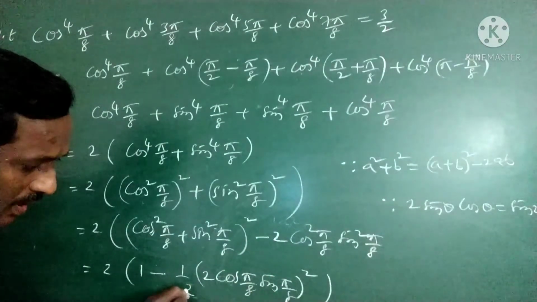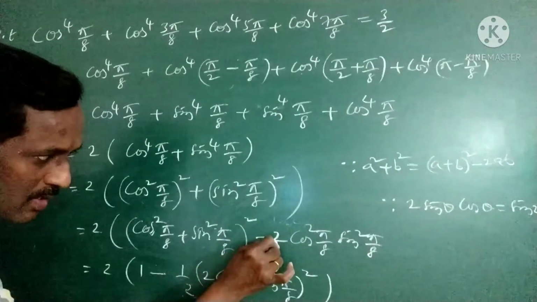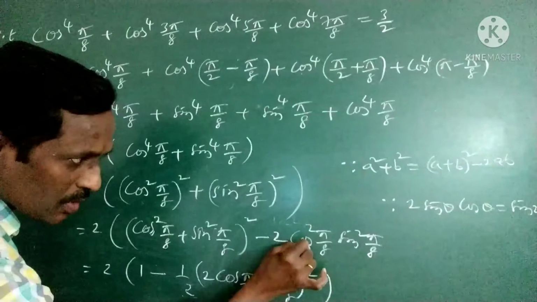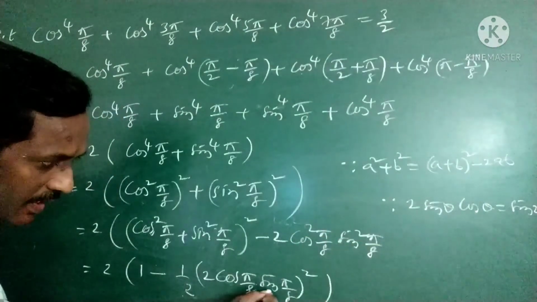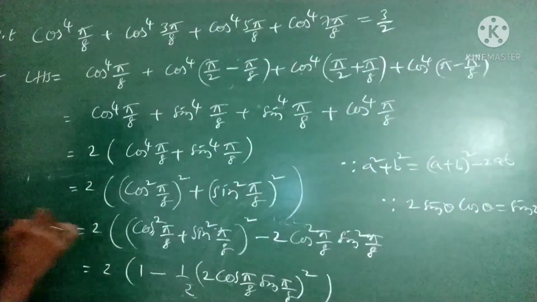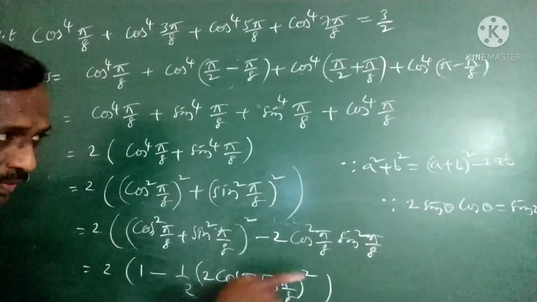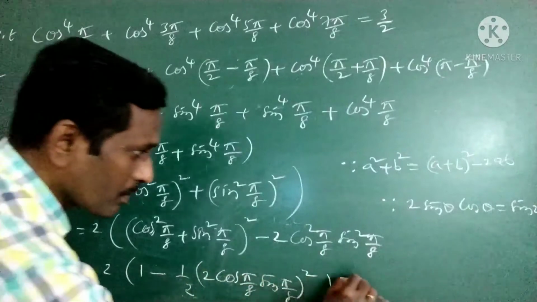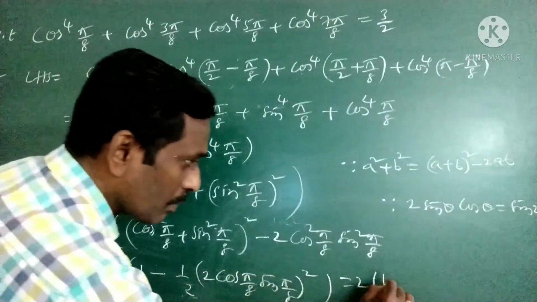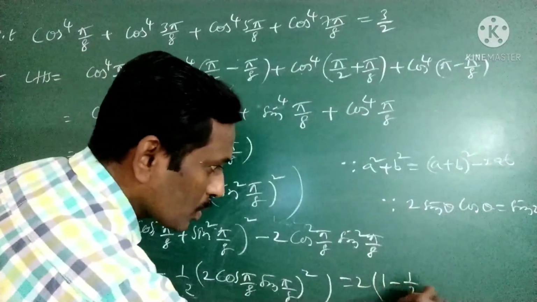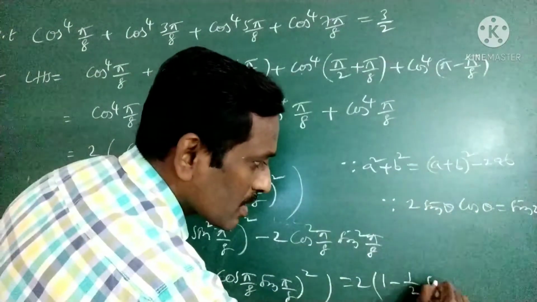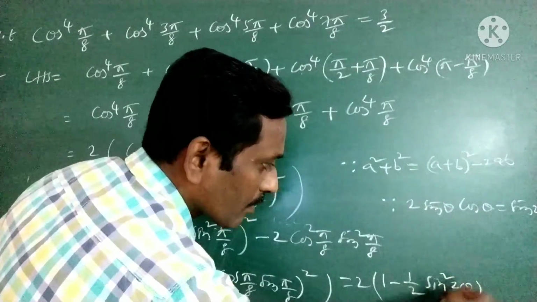So division it is and multiply becomes 4. Now it is a 4, it becomes 2 square. It is cos square, it is sin square. So I am going to write this as a whole square function. Now, this is the sin 2 theta formula only. So from this you can write 2 of 1 minus 1 by 2 times of sin 2 theta, means sin square 2 theta.